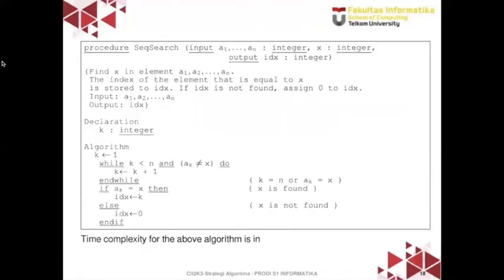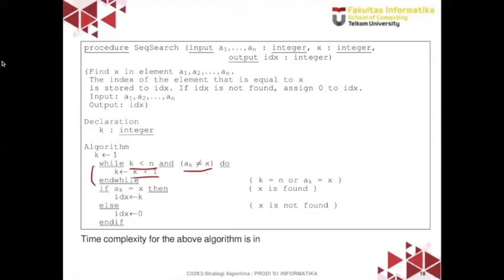Basically, it is similar to before, but we check from k equals 1 up to n minus 1. We stop the loop if we already found x, or otherwise we move to the next element, and we stop the loop if we reach k equals n or x is found.